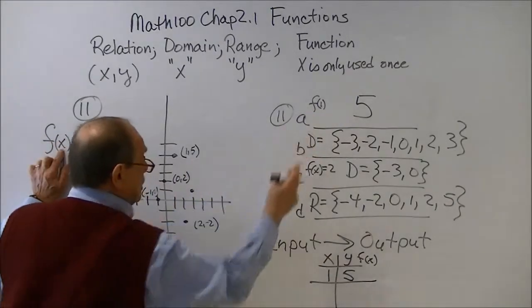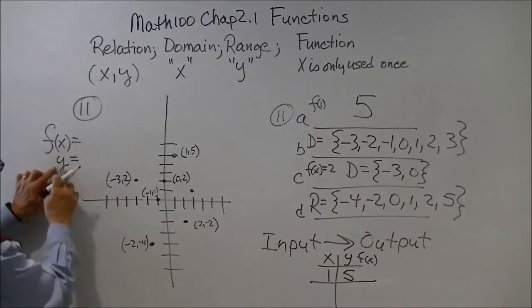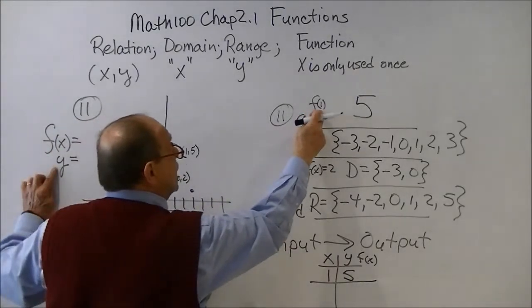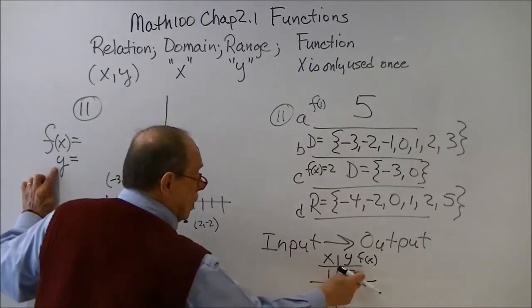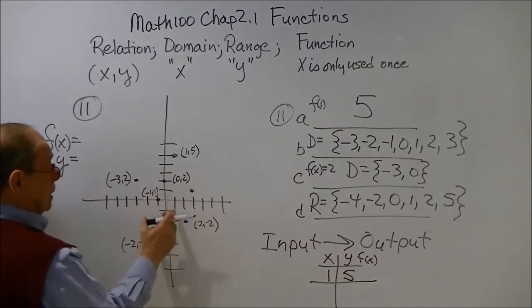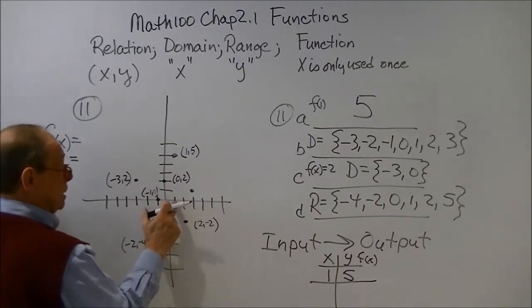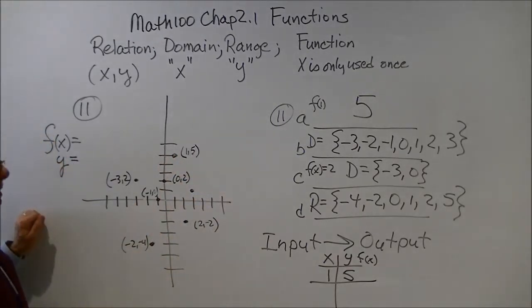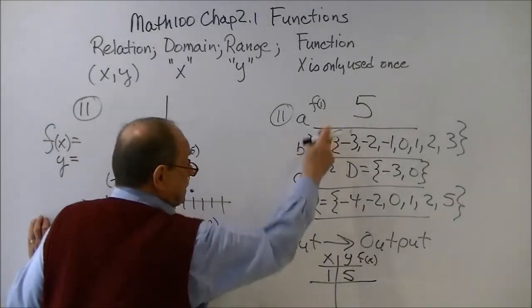That's right out of our book. And then what will y be? If x is 1, what will y be? Well, on our graph, we look at it. X is 1 here. We go up there, and y is 5. So that's where I get the answer of 5.